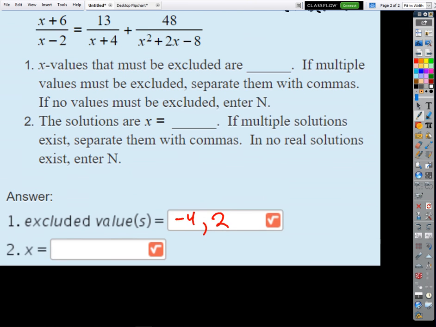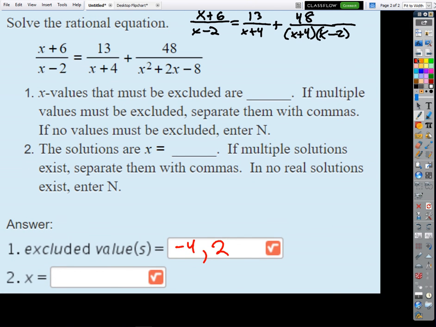Over here, you can see that cancels, right? So on the left side, we're just going to get x plus 4 times x plus 6.